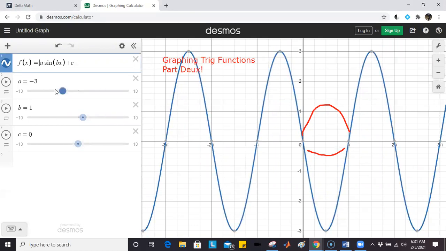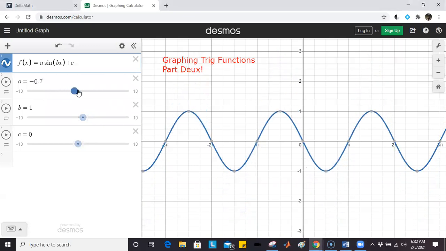If we had our amplitude at -3, the amplitude itself would be 3, but the negative there is what flips it over the x-axis, so that as we cross through 0, we are no longer going up like we did before. Now we're going down. That's because we have a flip across the x-axis with that negative value.